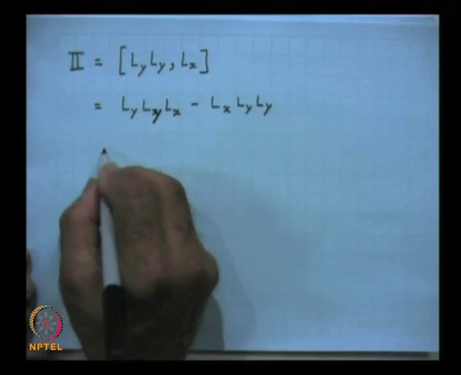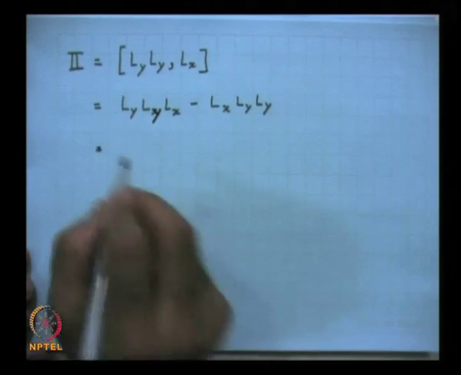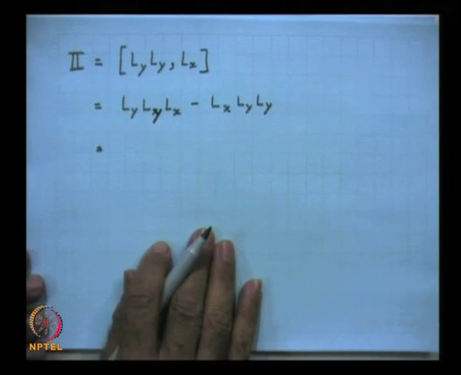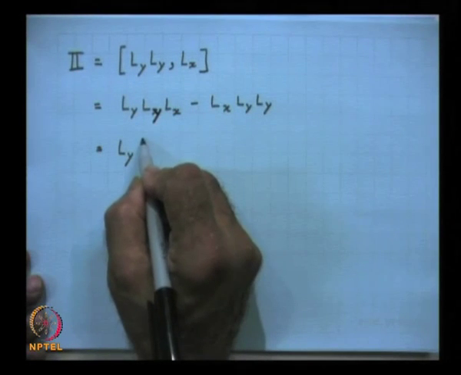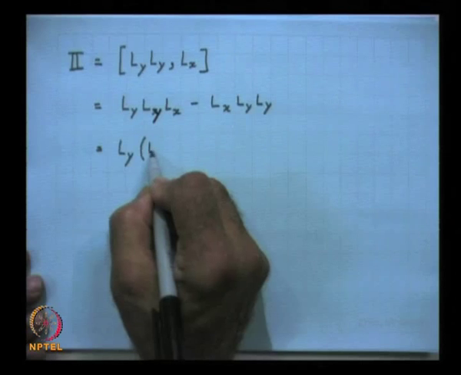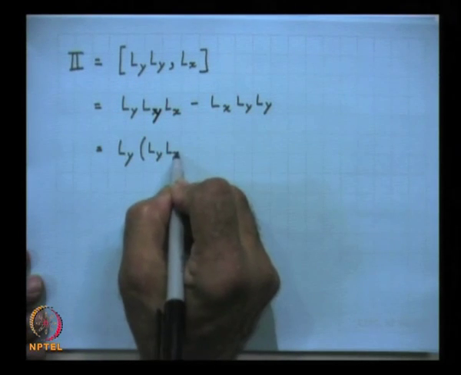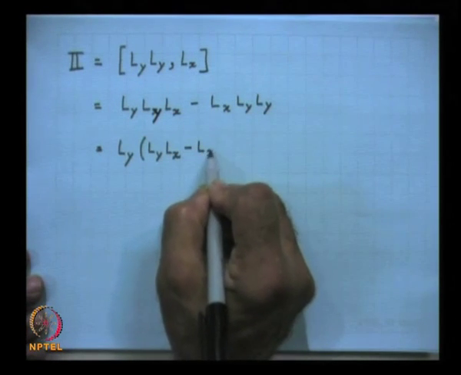So, what we do is that I add and subtract, that is L y. I write this down as L y L x minus L x L y.